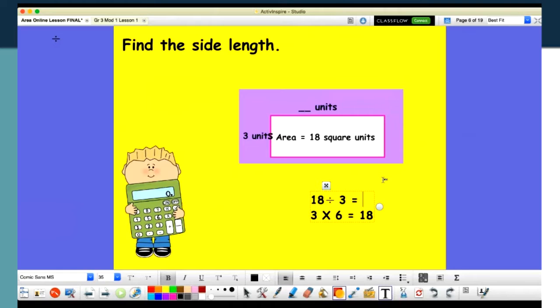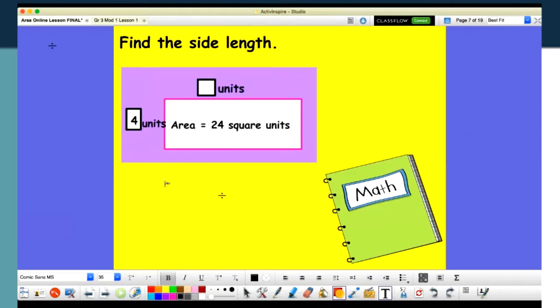So we could say 18 divided by 3, therefore, equals 6 units. And here we have a rectangle that measures 24 total square units divided by a side length of 4 units is equal to 6 units because 4 times 6 equals 24.